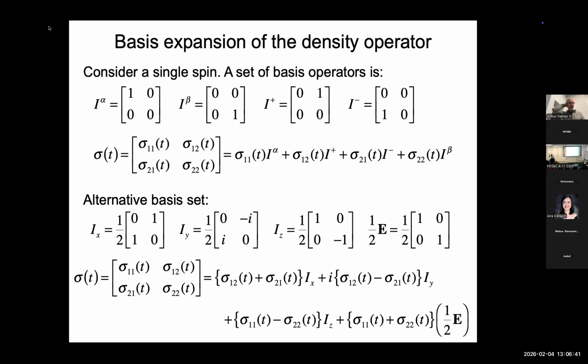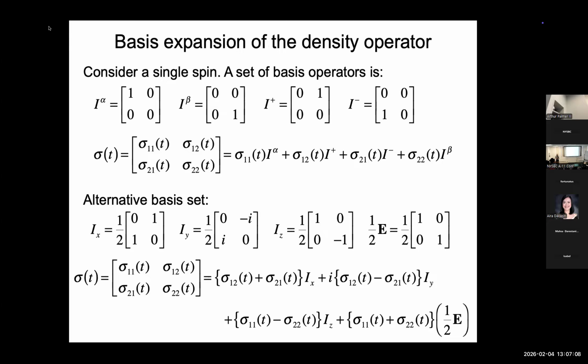And a really important part going forward is the notion that we can expand the density operator into a set of basis operators. So you already knew before coming here that given an arbitrary vector, you could expand it in terms of unit vectors, for example, along the Cartesian axes.